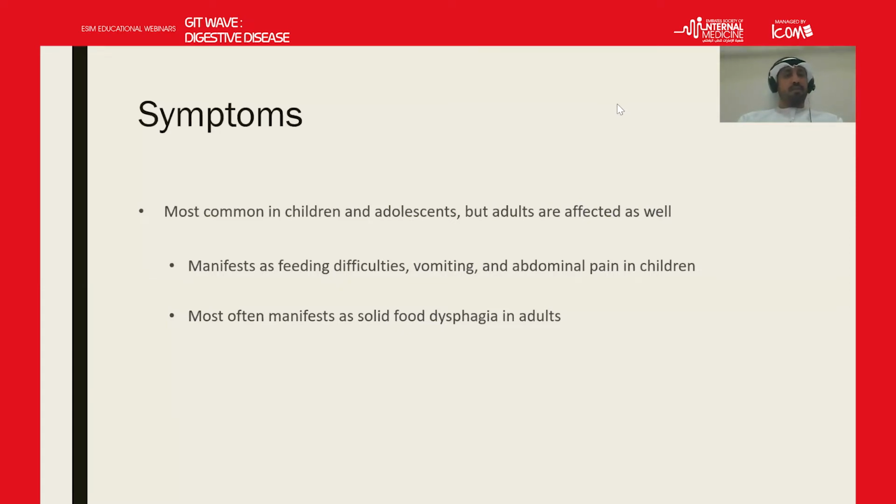It manifests in children as feeding difficulties, vomiting, and abdominal pain, while in adults the main complaint is solid food dysphagia, and they have recurrent presentations with food bolus that may require an intervention, an endoscopy or medication.